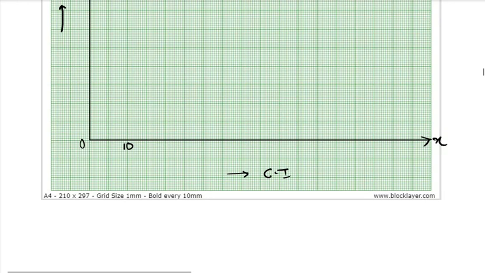So 0 to 10, 2 blocks, 10 to 20, 2 blocks, 20 to 30, 2 blocks, 30 to 40, and 40 to 50. So now you have a gap of 2 centimeter between each 10 unit mark. So 2 centimeter is equal to 10 units.